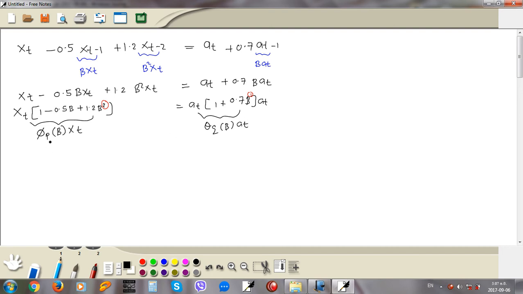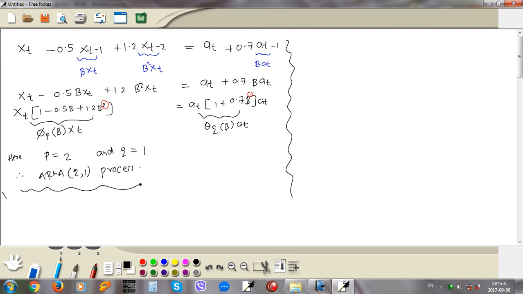So p is the order, here p equals 2, and q equals 1. Therefore this is the ARMA process with (p, q), where the order of the autoregressive part is 2 and the moving average part is 1. This is an ARMA(2,1) process.